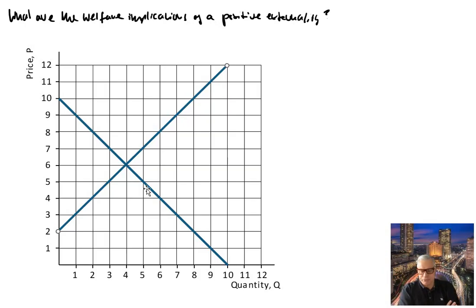Another example for positive externality might be if you have, for example, a mill near a river, and the mill is being powered by the stream of the river. Then the shuffleboard of the mill that powers the mill injects a lot of oxygen into the river.